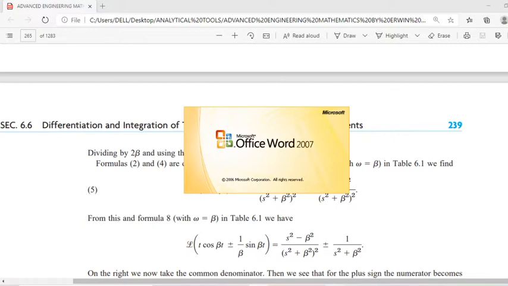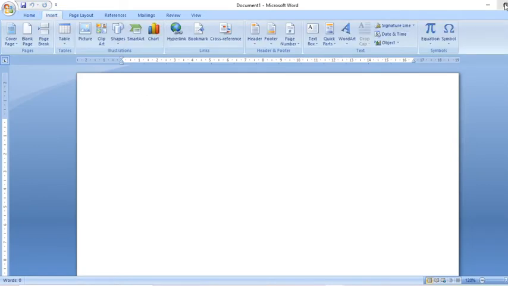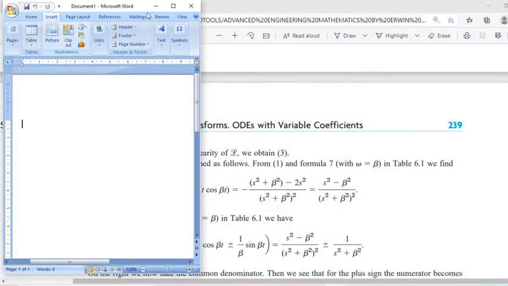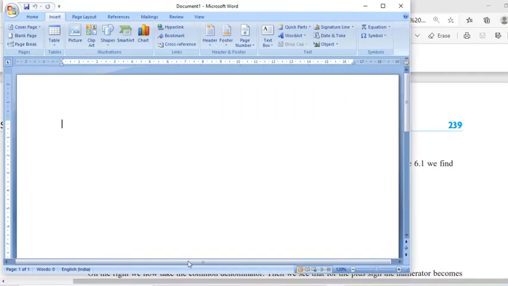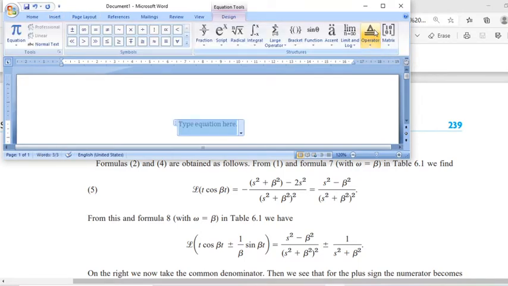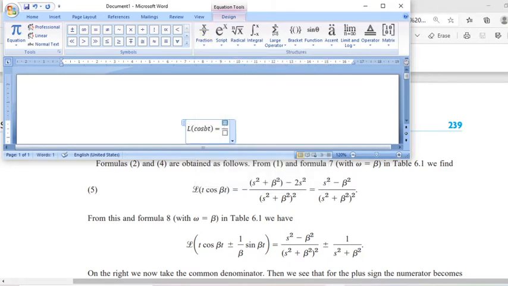What is L of cos beta t? That is s by s square plus beta square.